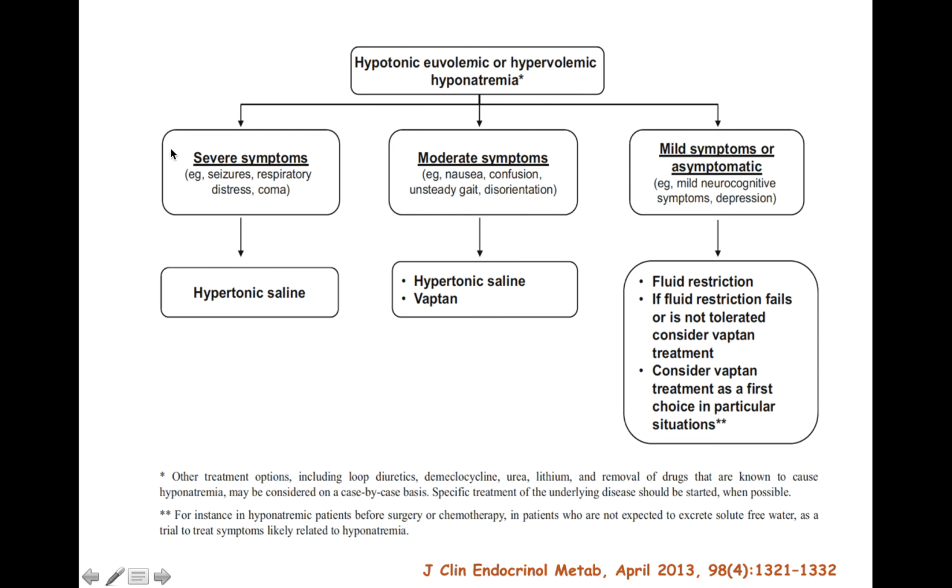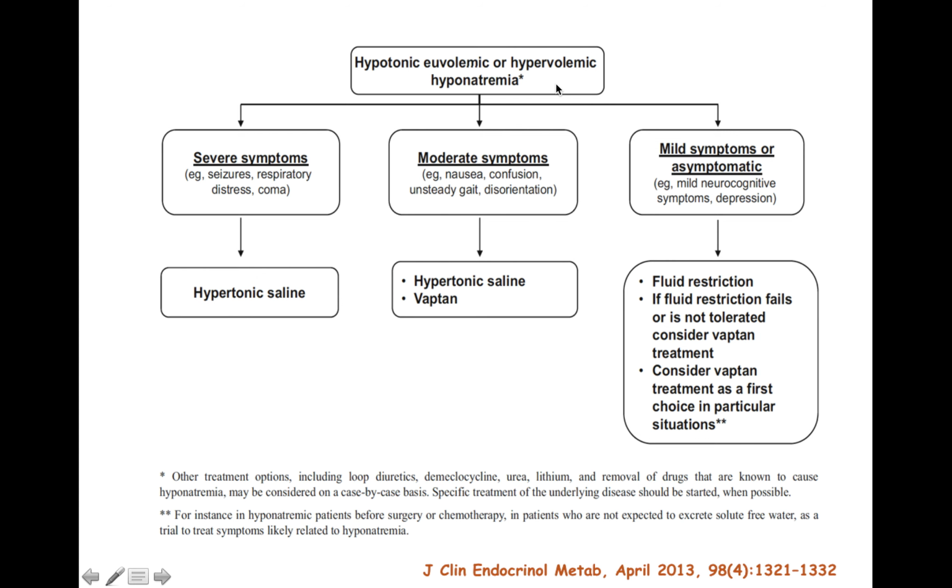Now remember, if you have a serious patient who has symptoms with hyponatremia, give 3% saline. So the drug of choice for symptomatic hyponatremia is 3% saline. Now if this patient is hypervolemic, we will restrict the fluids. If you are not able to maintain the sodium by fluid restriction, then only consider Vaptans in euvolemic or hypervolemic hyponatremia.